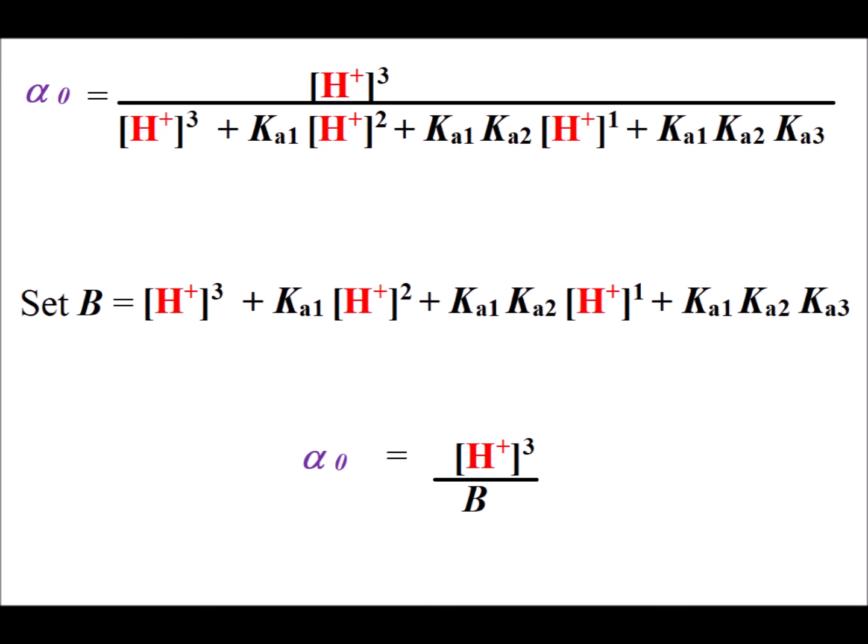So to simplify things, we're going to set the bottom of our fraction there to be the variable b, and that's equal to the concentration of H plus cubed plus Ka1 times H plus squared plus Ka1, Ka2 times H plus to the first power plus Ka1 times Ka2 times Ka3. And we notice if we do this that we can more simply write the alpha value alpha sub 0 simply as the concentration of H plus cubed divided by b, where b is the expression that we have in the second equation.